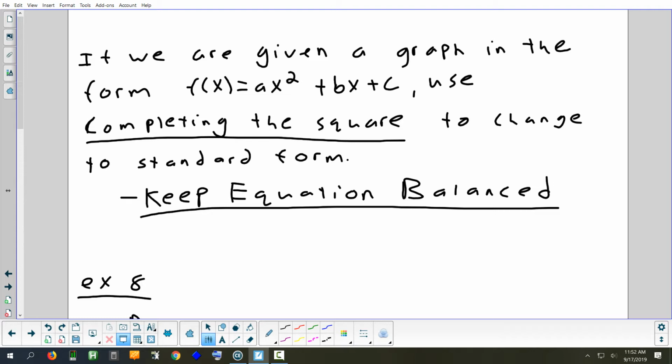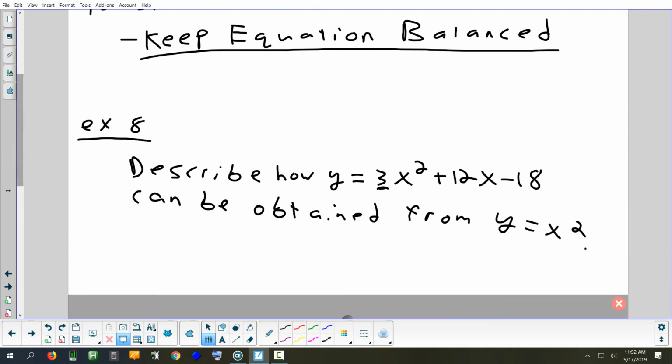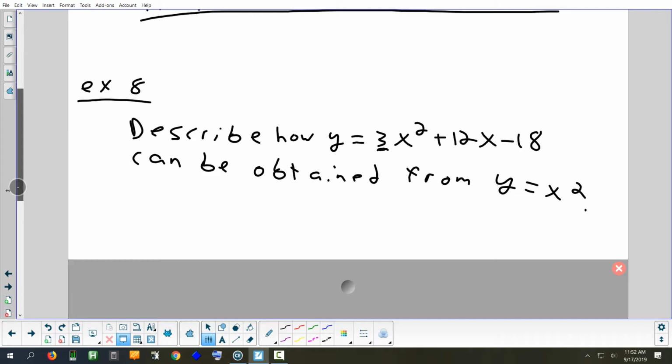Let's see what happens. This one says describe the transformations, shifting and stretching. Because it's in ax squared plus bx plus c form, that makes it very difficult. We have to complete the square.